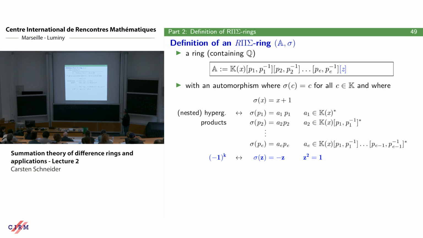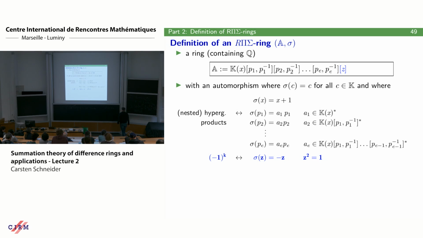So I introduce a new variable, z, it's a ring, and then I shift z, I get -z, and I need the extra relation z squared equals 1. Or you go first to the polynomial ring, and then you factor out with the ideal z squared minus 1. Depends how you want to see it. Or it's subject to the relation z squared equals 1, but it's an ideal that I factor out actually.